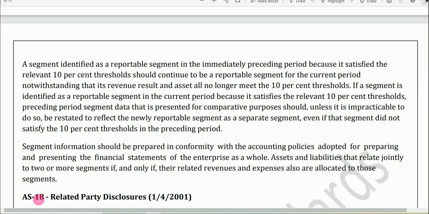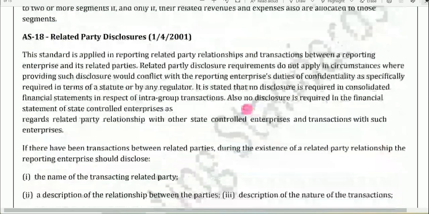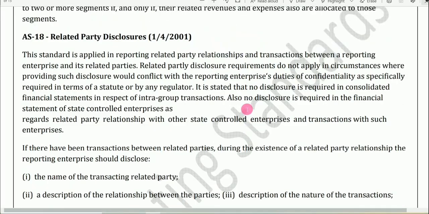Then Accounting Standard 18, Related Party Disclosures. It is introduced from 1st April 2001. This standard is applied in reporting related party relationships and transactions between a reporting enterprise and its related parties.